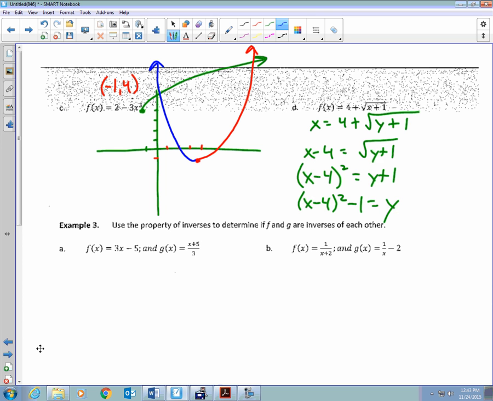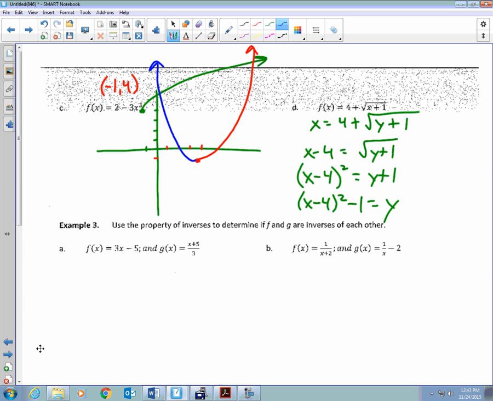So why, when I took the inverse, did I come up with both pieces? Which step here gave me the second part of the graph? The squared. When I squared both sides, that created the extra piece. And so, therefore, we have to limit the domain to only show the red.